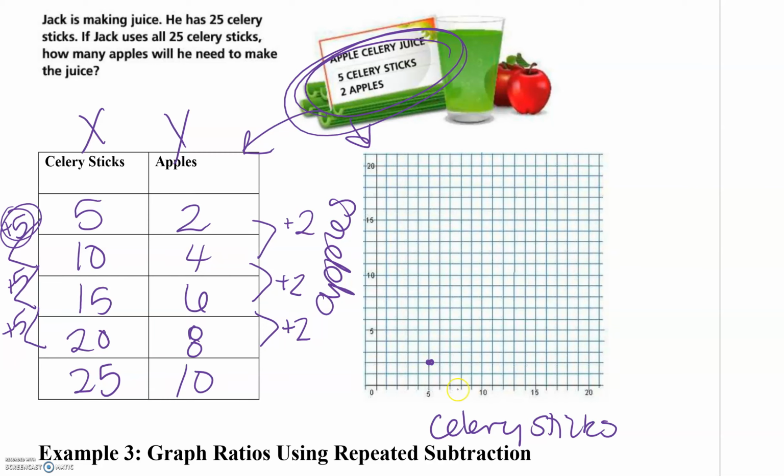So we have 5, 2, 10, 4, or at least as many as we can. We're going to run out of room on this graph. And there we go.